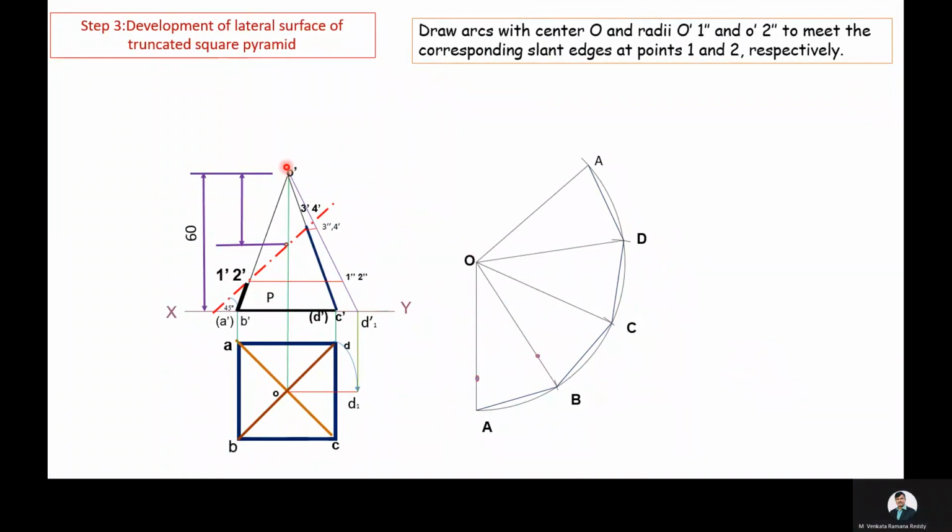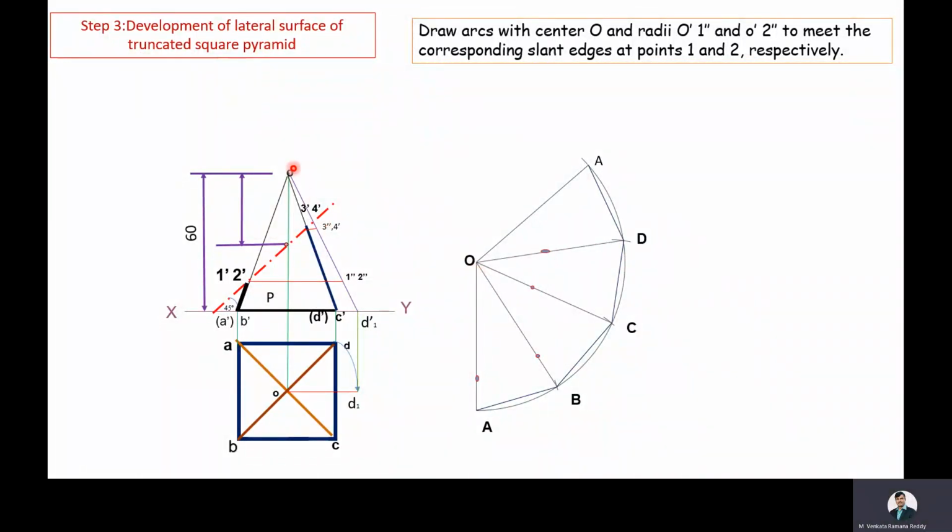Then with compass, O dash 3 double dash as a radius and O as a center, draw an arc on OC slant edge and name this point as 3. Then with the same radius, O as a center, draw an arc on OD slant edge and name this point as 4.